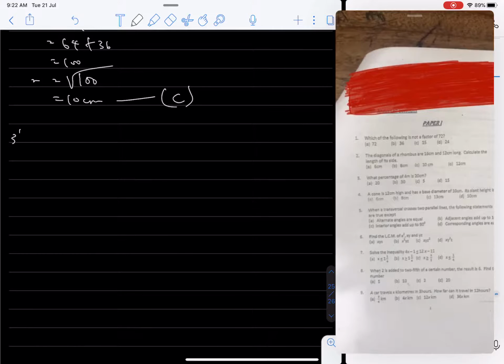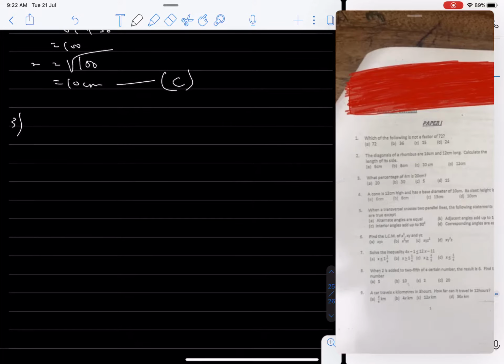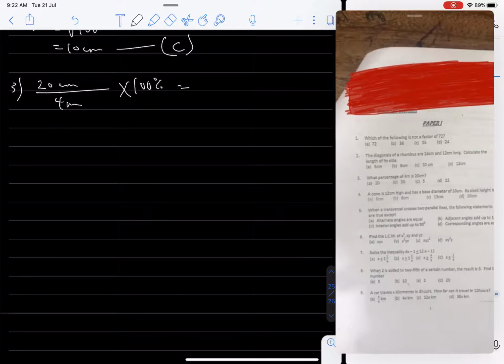Now number 3, what percentage of 4 meters is 200 centimeters? That simply means 20 centimeters over 4 meters times 100%. 4 meters is the same as 400 centimeters, times 100%.